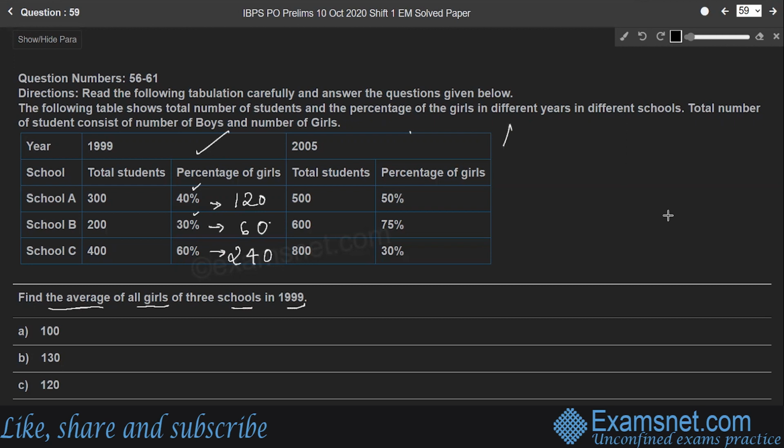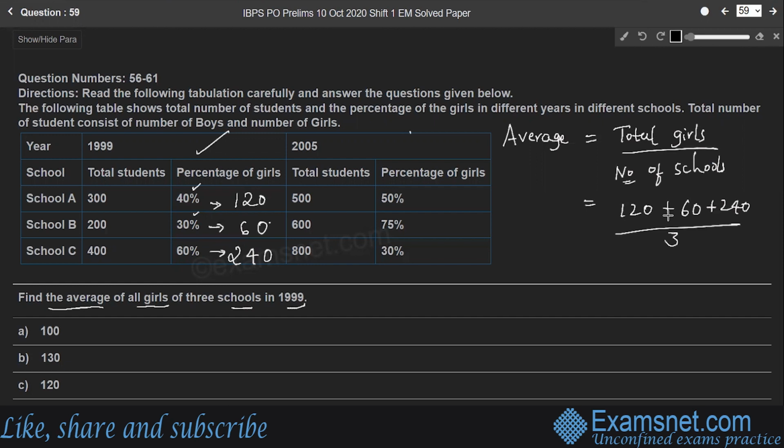Therefore, the average of all girls is total number of girls divided by number of schools, so in all 3 schools. So total girls is equal to 120 plus 60 plus 240 divided by 3 schools, A, B and C. So only in the year 1999 we are calculating.